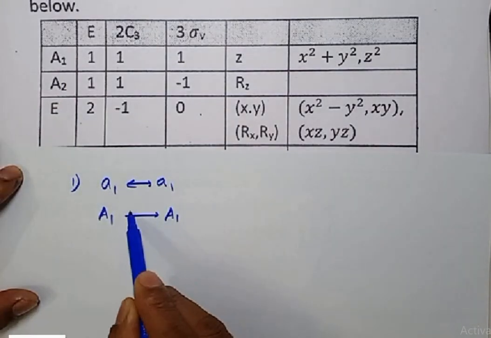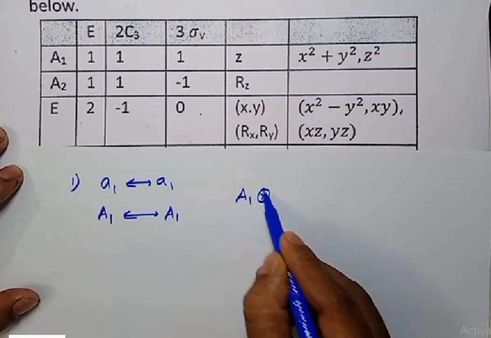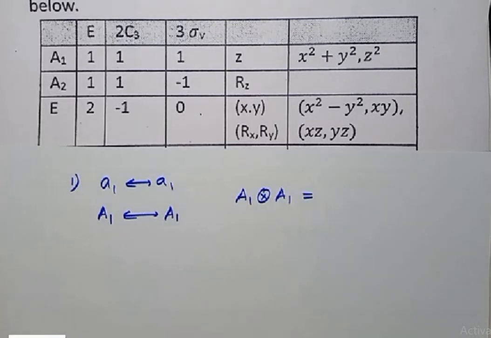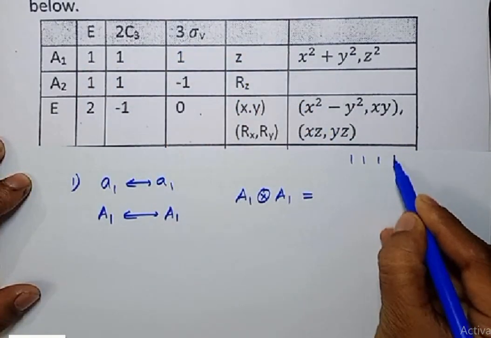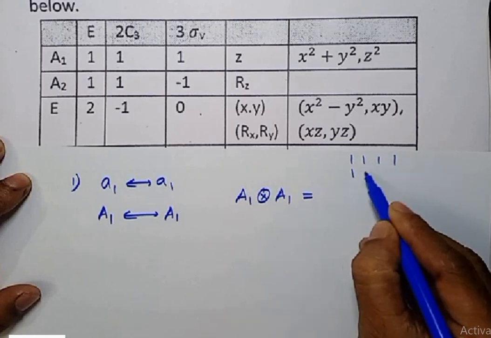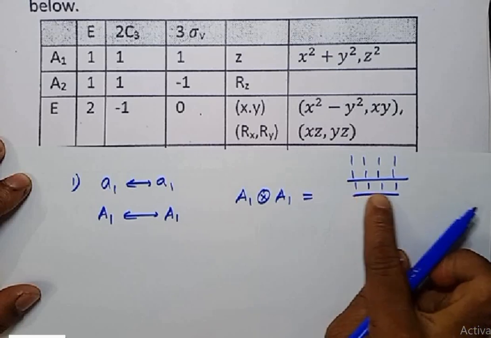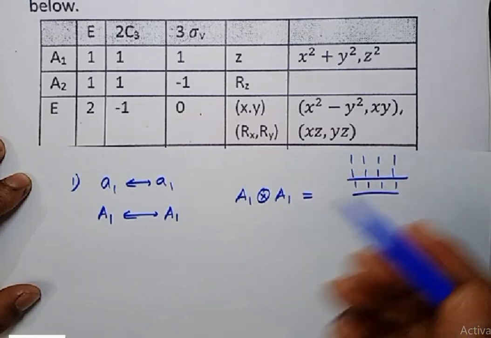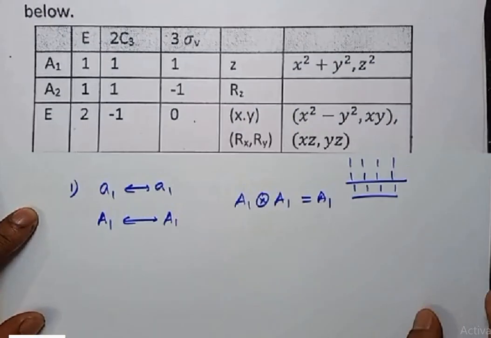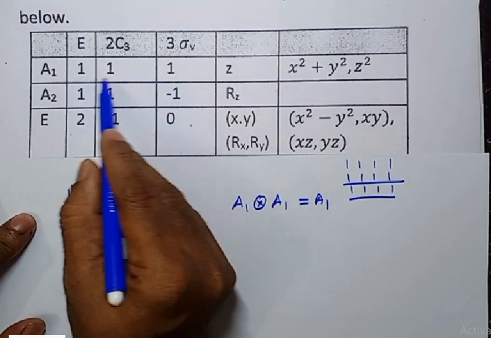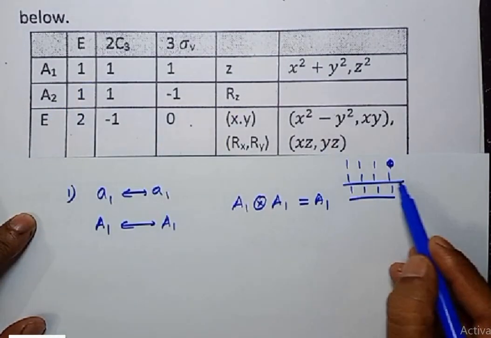Now, what is the question? The question is whether A1 to A1 is allowed or not. What to do? You just take the direct product of A1 into A1. A1 characters are 1, 1, 1. Again you take A1, 1, 1, 1.